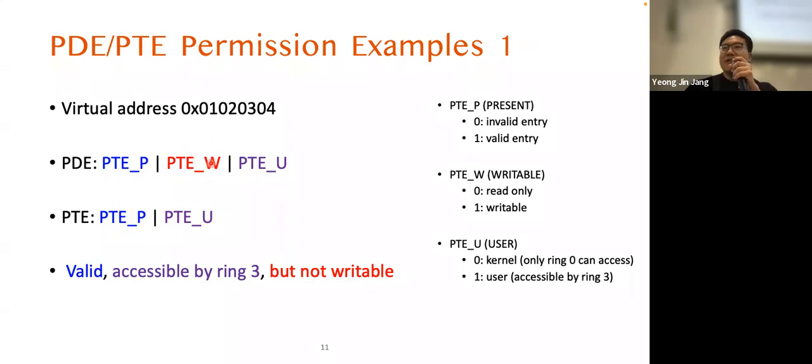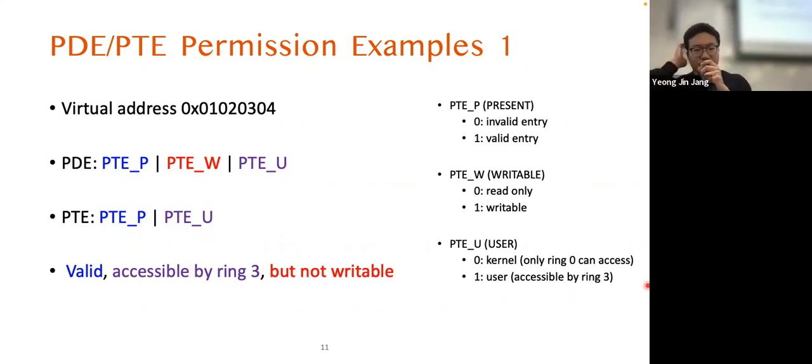So although the page directory allows us to write on the memory, we cannot write on the memory because the page table entry does not have that. So that's not writable. And for the U flag, because both of them have it, this memory is accessible from ring 3.